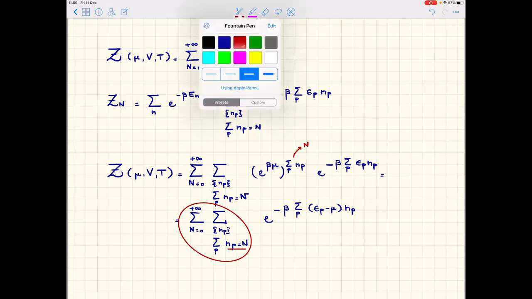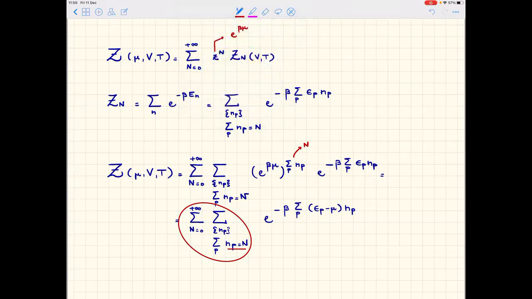Now, I'm claiming that I can rewrite this as the sum over all possible sequences n_p without any constraint, of e to the minus beta sum over p of (epsilon_p minus mu) n_p.